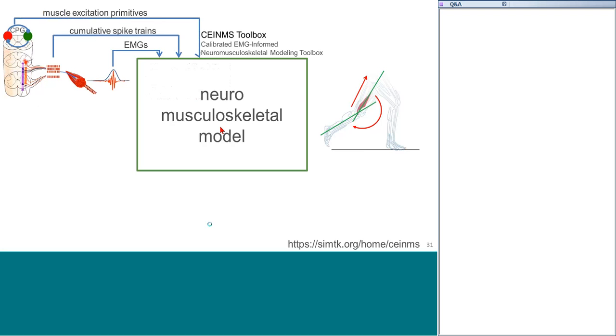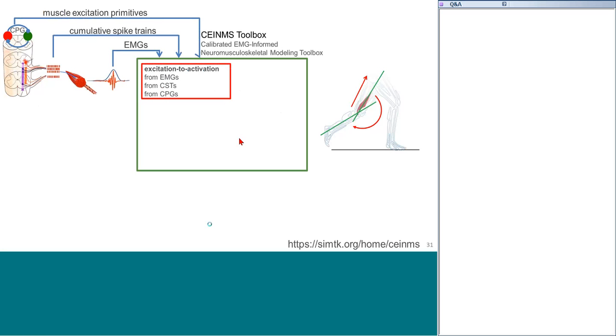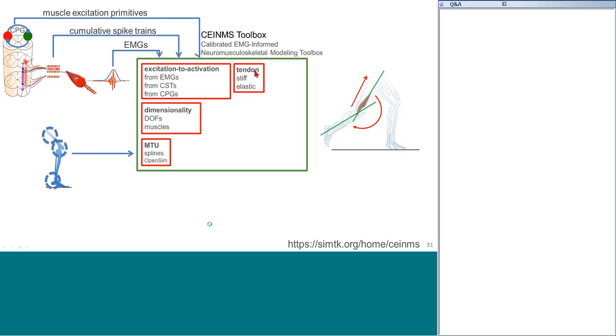So we can decide how we want to implement the mapping between excitation to activation, depending on what estimates of muscle excitation we have as an input. We can use different ways to estimate the muscle kinematics from joint angles. We have the possibility of using different tendon models. And we can also decide how many degrees of freedom and how many muscles we want to run our simulation with.